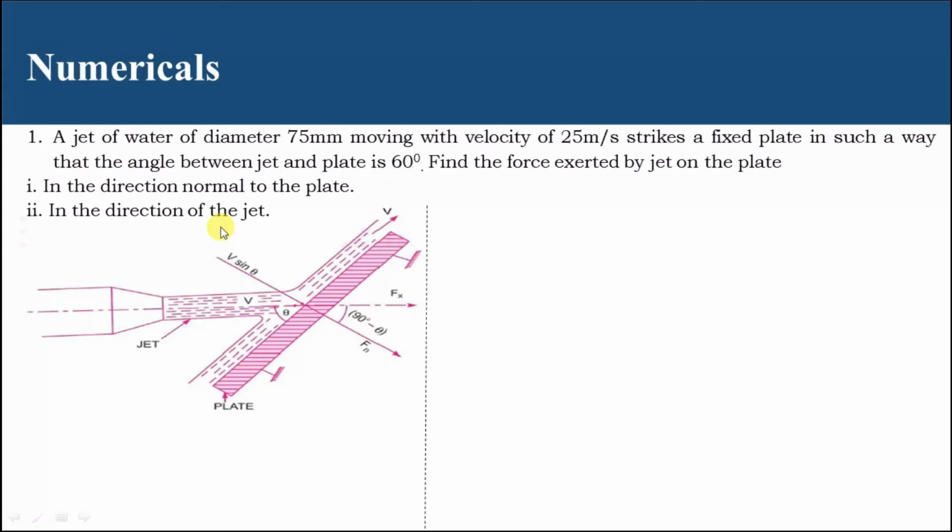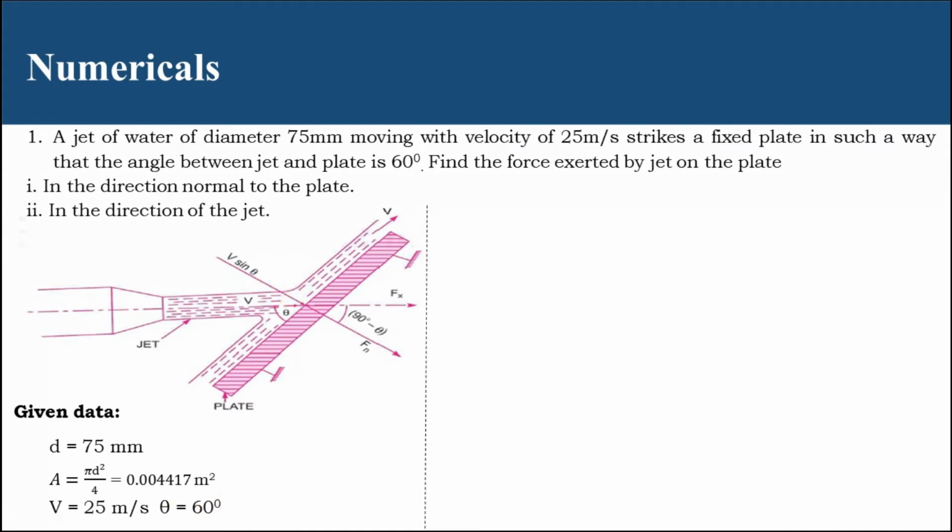In the given data, the diameter of the jet is 75 mm, so it is 0.075 meter. You can calculate the area, π/4 d², which comes out to be 0.004417 meter square. The velocity is given as 25 meter per second, and remember this line: the angle between the jet and the plate is 60 degree, that means θ is 60 degree for our case.